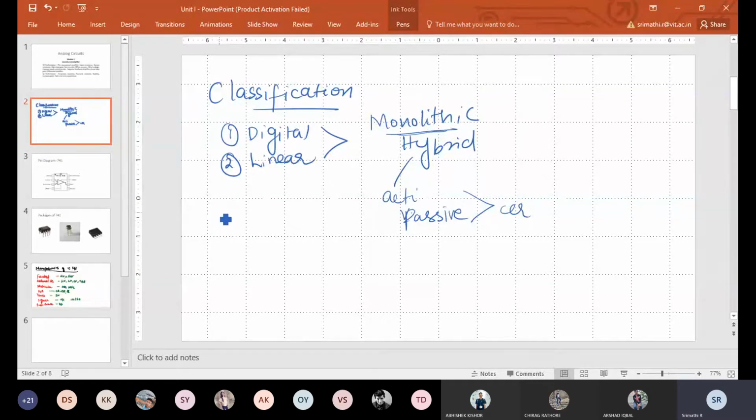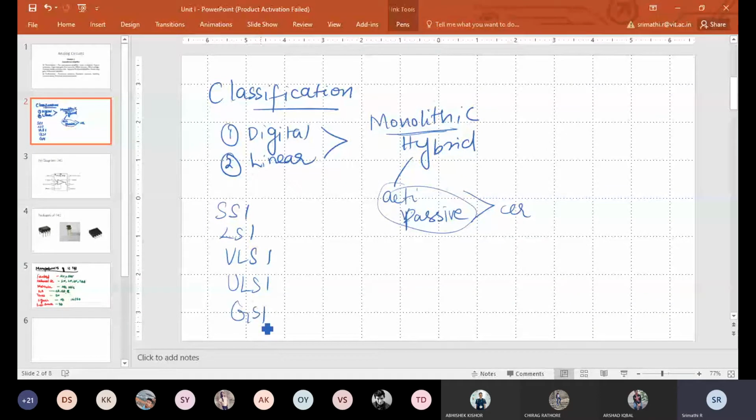So the first classification is based on the number of active or passive components available in an IC. This is classified into small scale integration, large scale integration, very large scale integration, ultra large scale integration, and then GSI, giant scale integration.